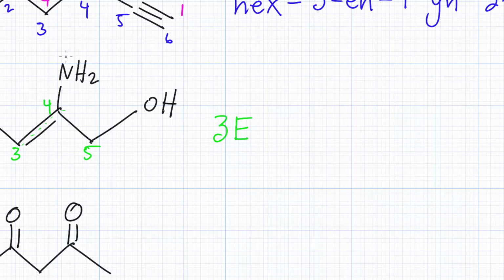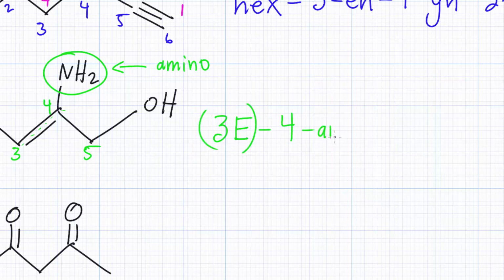I have this NH2, which is going to be amino. Alphabetically, that's 3E-4-amino. And on 5, I have hydroxy.